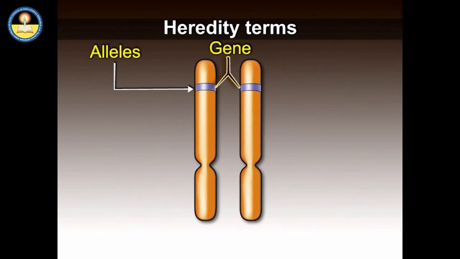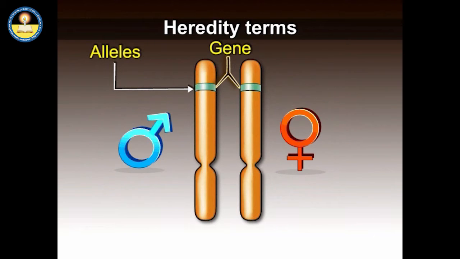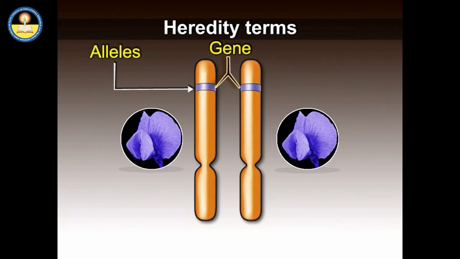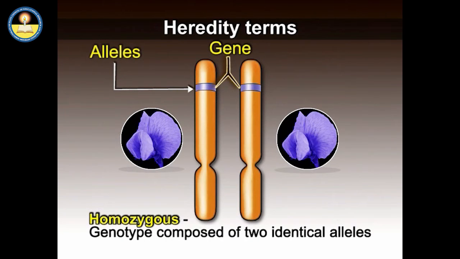In some cases, both parents provide the same type of allele for that particular characteristic. For example, both the alleles are for purple color. Such a state is referred to as homozygous for that trait.